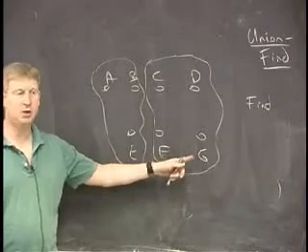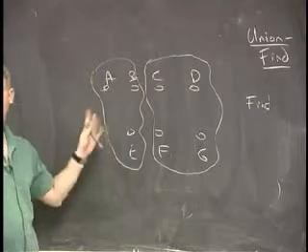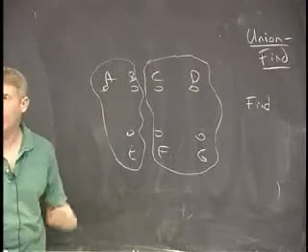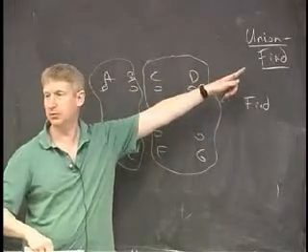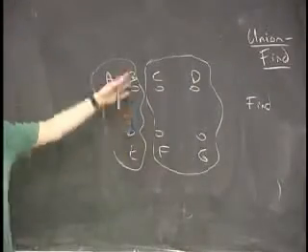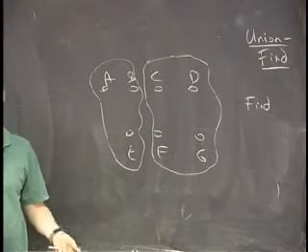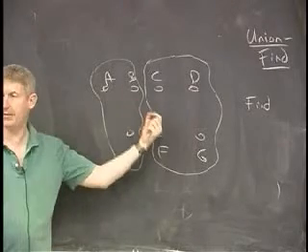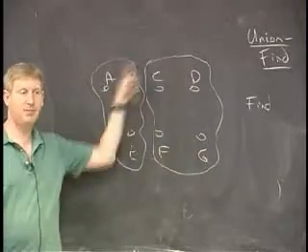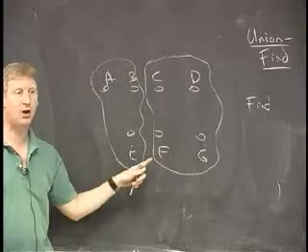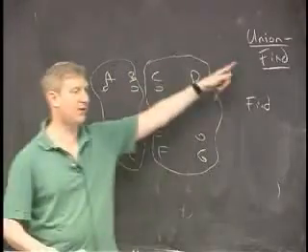I got to be able to know, given G, that I'm talking about set 2, and given A, that I'm talking about set 1. I got to have a way to find what set my element is in. That's the find part of this data structure. So the find part takes a value that's going to be in one of these sets and tells me what set it's in. The union part is when I combine these two together. Because if there is an edge, A to G, I'd like to make these into one set, so that from then on, they're all considered one group of elements. Everybody get the union and the find part?